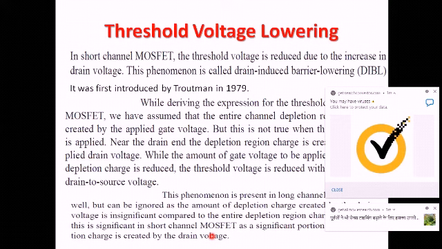Why? Because the amount of the depletion charge created by the drain voltage is insignificant compared to the whole depletion region charge. But this is very significant in the short channel MOSFET. Why? Because a significant portion of the depletion charge is created by the drain voltage. So I hope this threshold voltage lowering is clear to all of you.